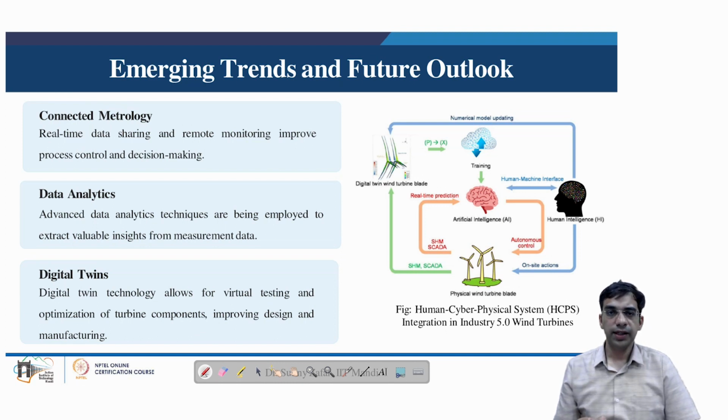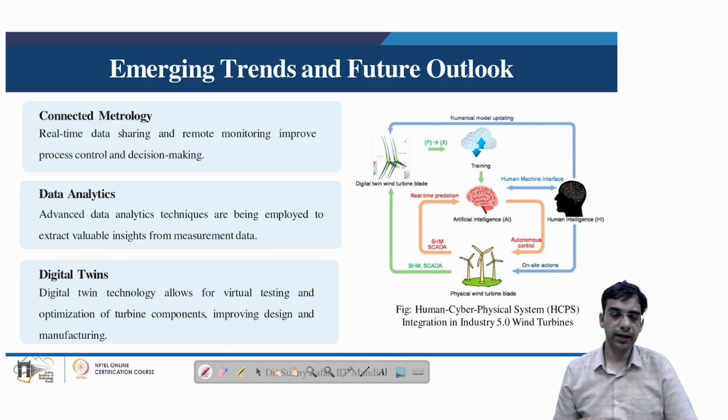So now, what are the emerging trends and future outlook in this aspect of precision and metrology in turbines? As we go forward, we are going to see the era of connected metrology. What is connected metrology? Connected metrology implies real-time data sharing and remote monitoring to improve process control and decision making.